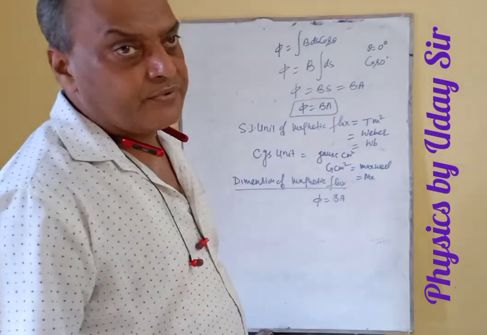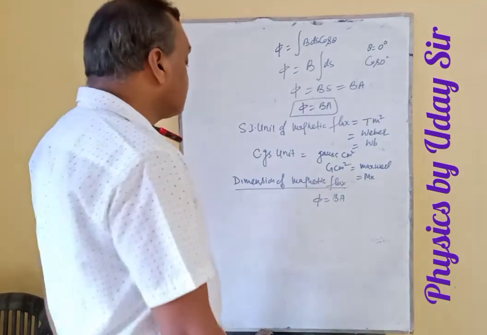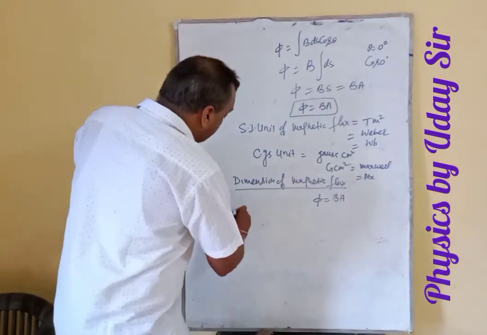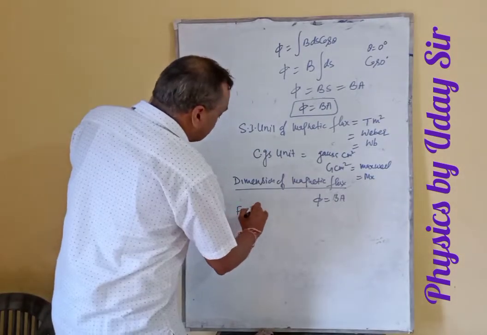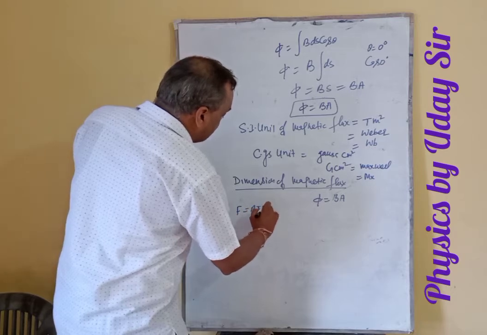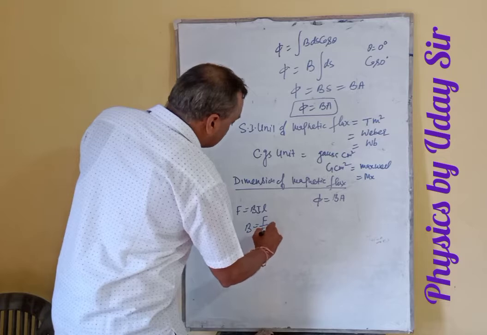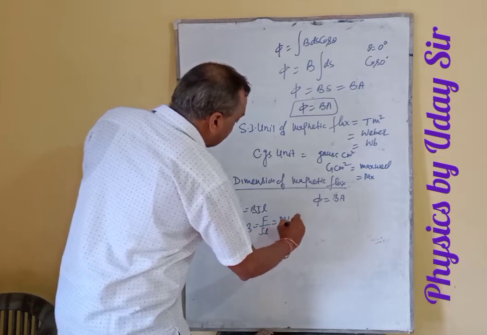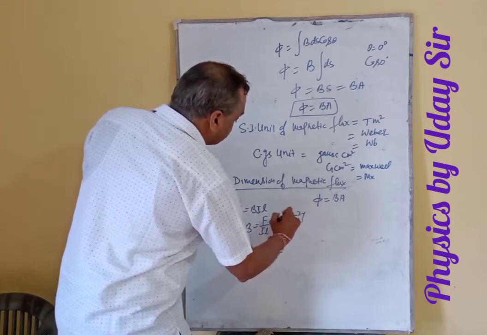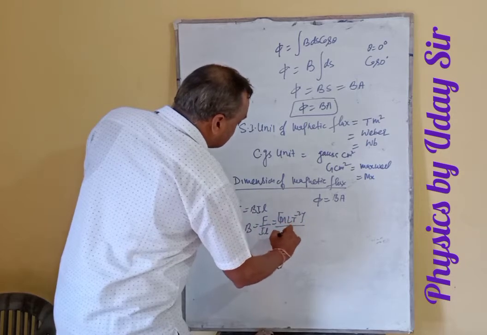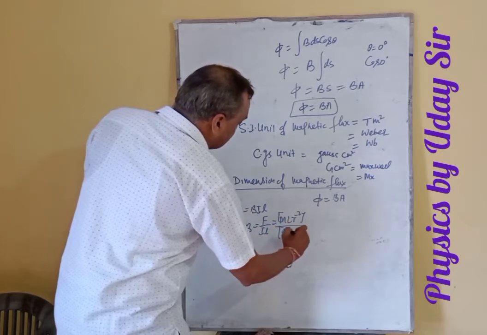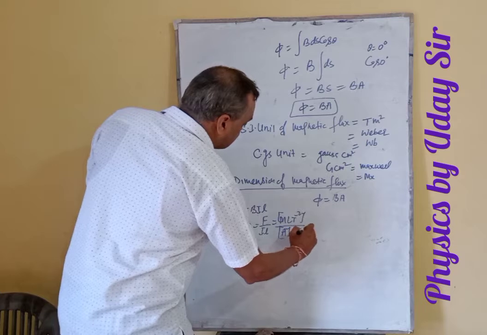You can write it directly, but you can also find it from the formula F equals BIL. So B is F upon IL. Force dimension, you know, is MLT minus 2. Current dimension is A. Length dimension is L.